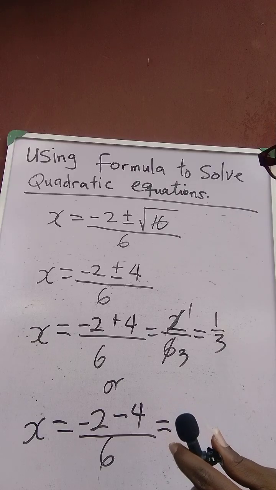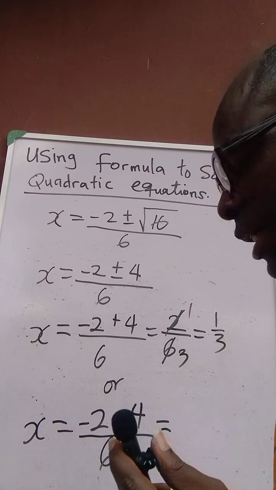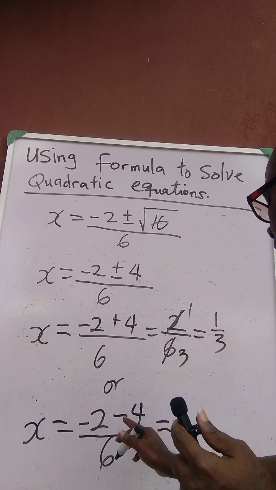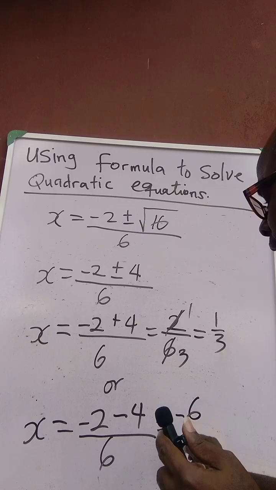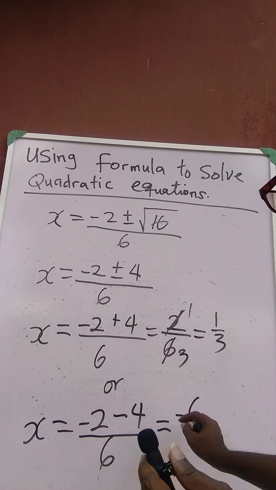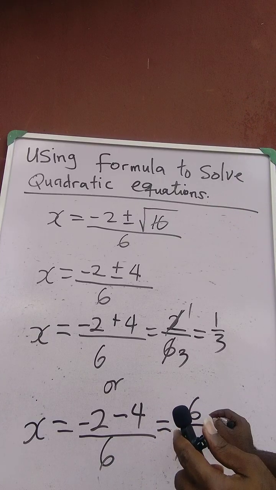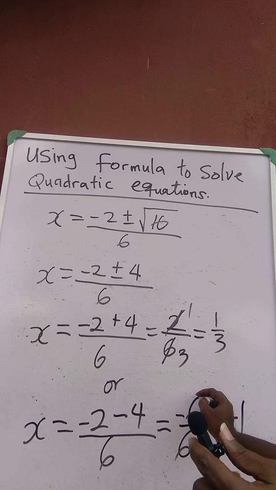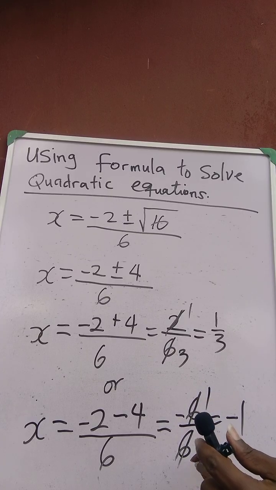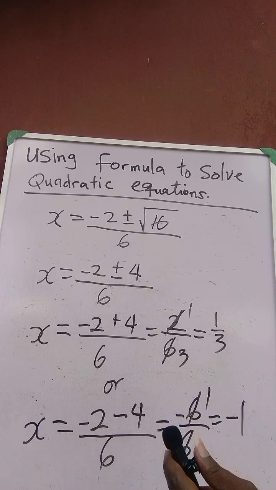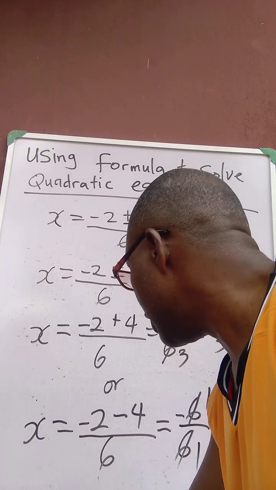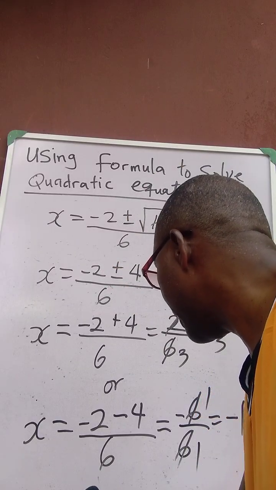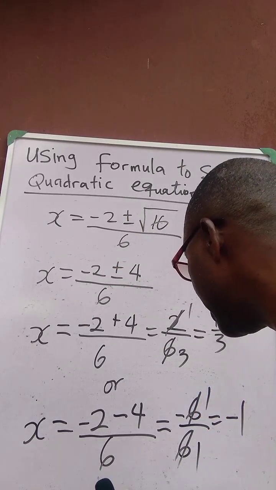Remember, in a quadratic equation, you get two answers. So minus 2 minus 4 will give you minus 6 divided by 6. So your answer is minus 1 because 6 here is 1, 6 here is 1. So your answers are x is 1 over 3 or x is minus 1.